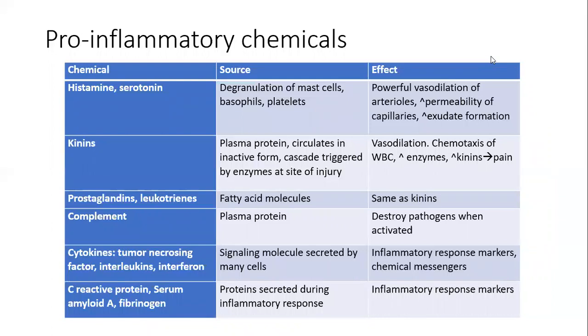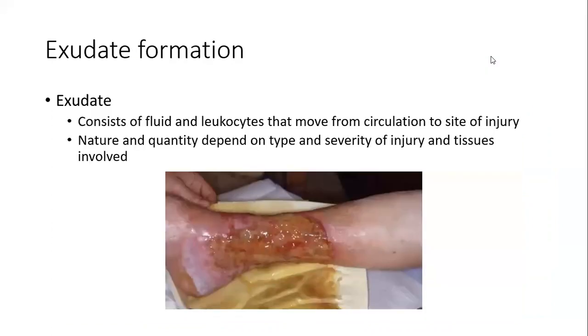Cytokines, such as TNF alpha, interleukins, and interferons are signaling molecules secreted by many cells, and they're response markers and chemical messengers. So if you do a blood draw and those are elevated, you can see that there's an inflammatory response going on. C-reactive protein, serum amyloid A, and fibrinogen are also proteins secreted during the inflammatory response, and in a blood draw can be markers for measuring a response to an inflammatory process.